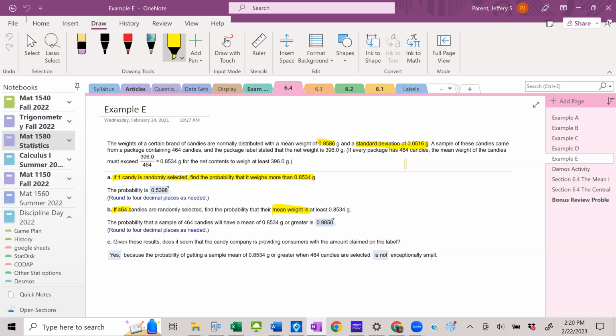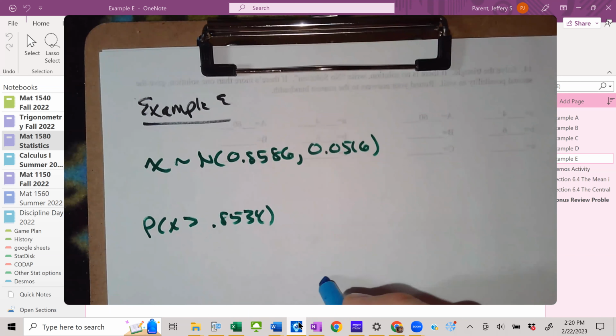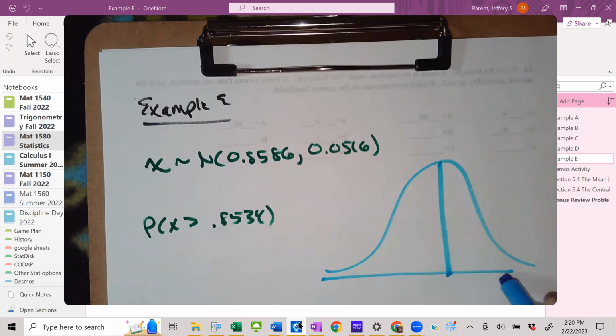Let's draw some distributions and try and make sense out of all this. So I want the probability that X weighs more than 0.8534. That's the probability we're asked to calculate. And we're going to do that from the distribution that they gave us. So once again, let's draw that distribution. That's this one right here.